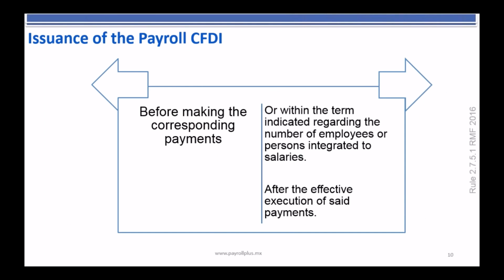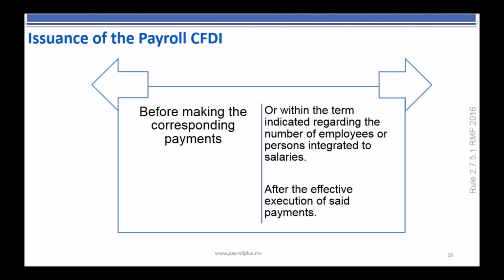However, on miscellaneous regulations, the authority released an option, which is that you can issue the CFDI before making the corresponding payments. Let's say if you're going to make a payment at the end of the month, you can anticipate and make the CFDI 1 or 2 days prior to actually making the payment.